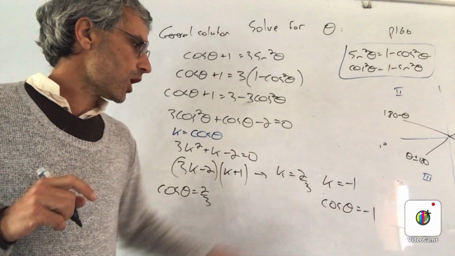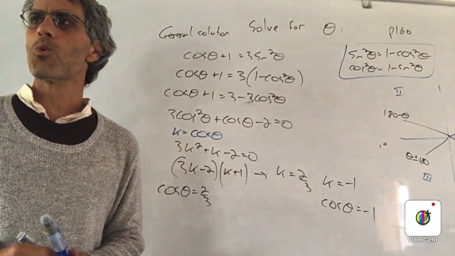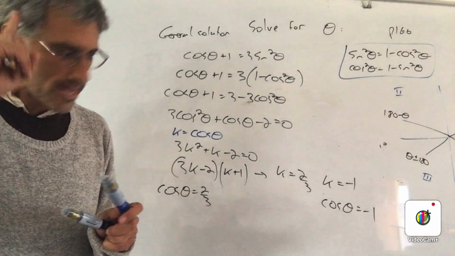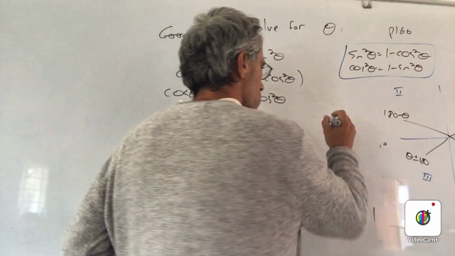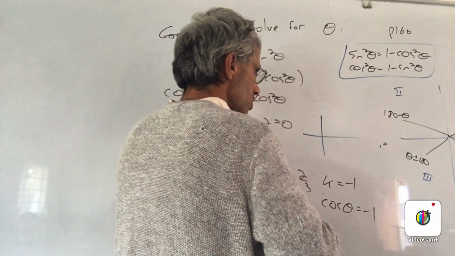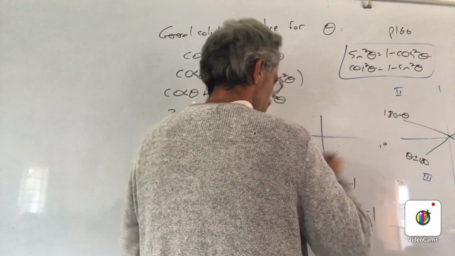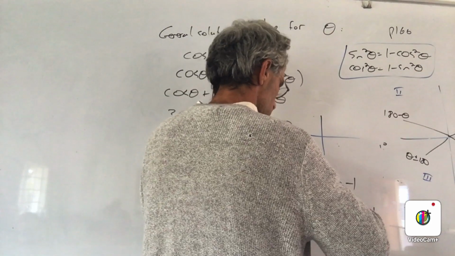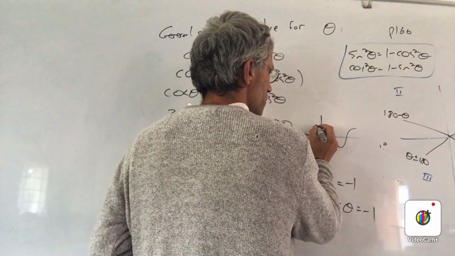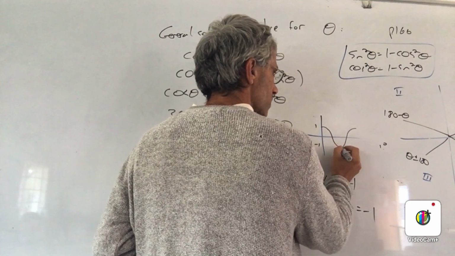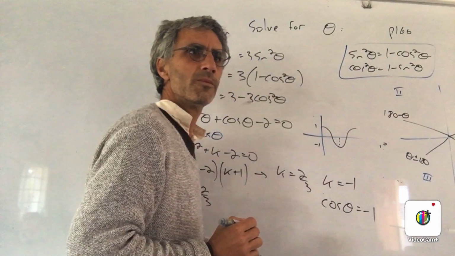Now let's start with the easy one. When is cos equal to negative 1? Here, your trig knowledge needs to kick in. I know it's been a long time. Trig graphs is what I meant to say. A cos graph looks like this. It swings from 1 to minus 1 and back to 1.